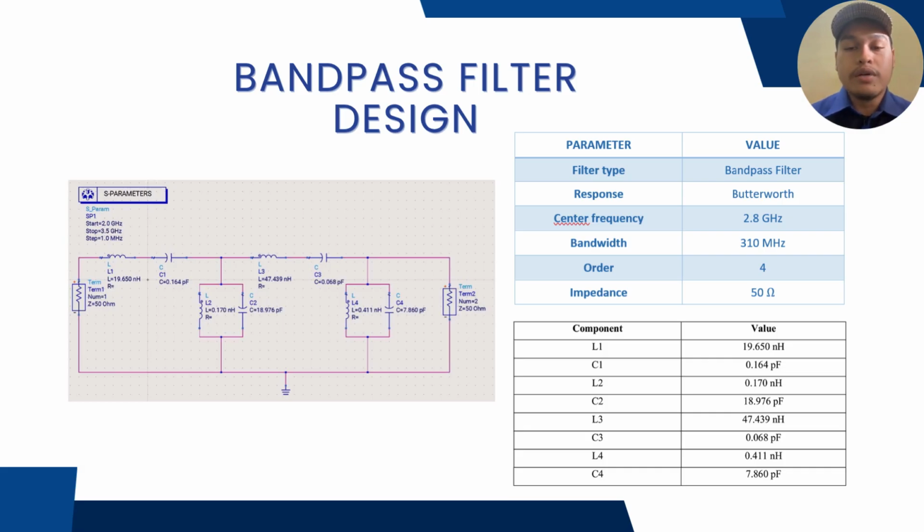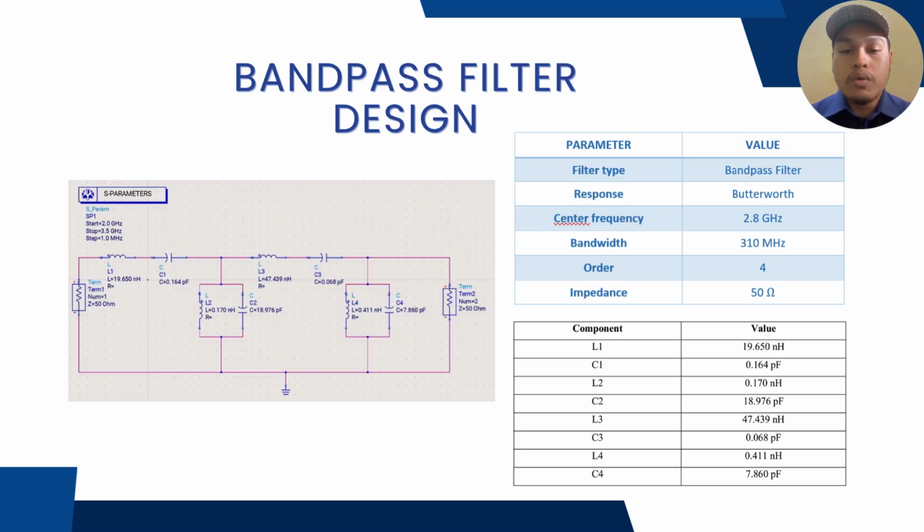Next, we design a fourth order Butterworth bandpass filter. The target specifications are a center frequency of 2.8 GHz, a bandwidth of 310 MHz, and a standard 50 ohm impedance. As shown in the ADS schematic, we implemented a lump element circuit by using alternating series and parallel LC resonators to isolate our target band.